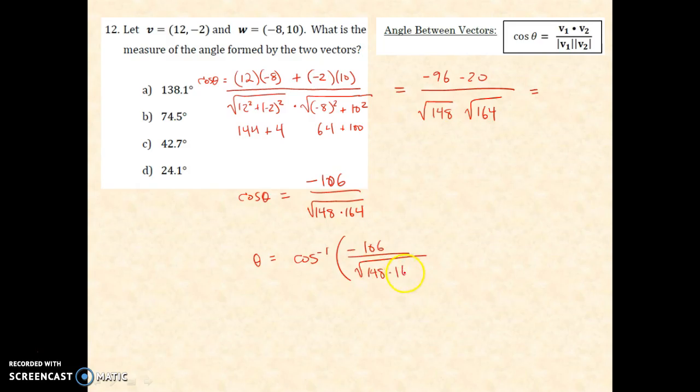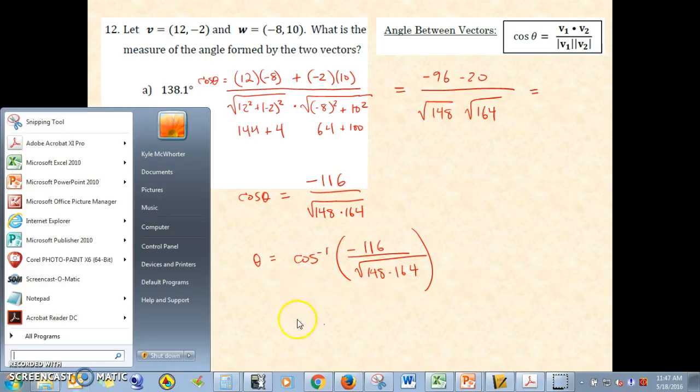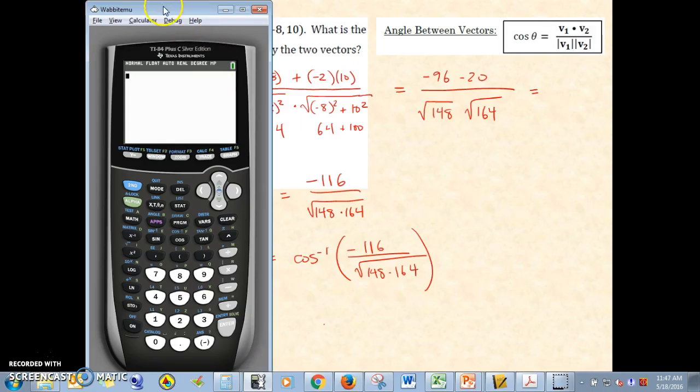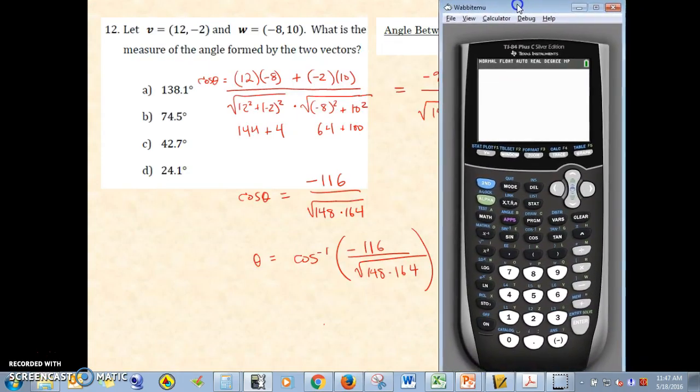Now I'm going to throw this in my calculator.